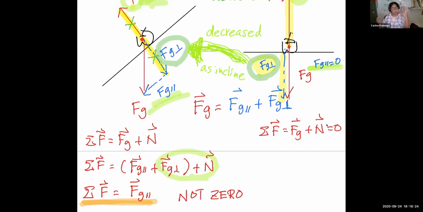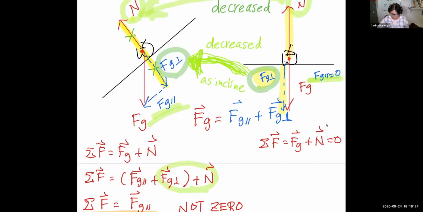Because the normal force now decreases. So let's see, right? Normal force decreases as the incline increases. But the gravitational force stays the same.